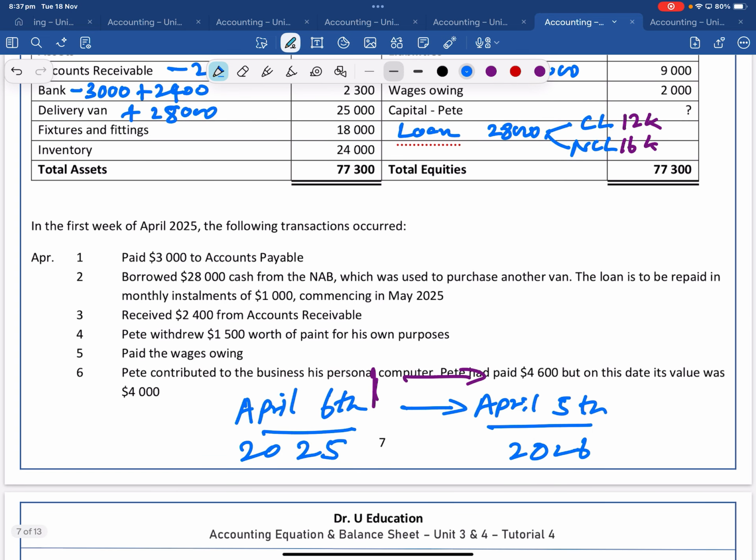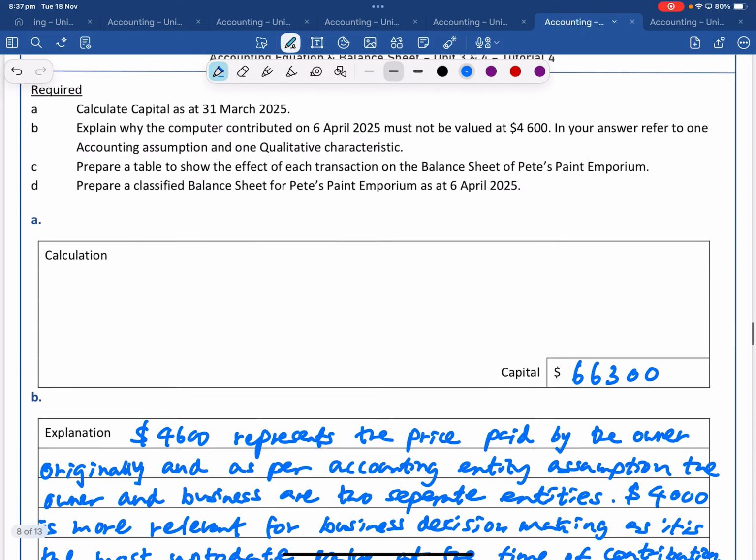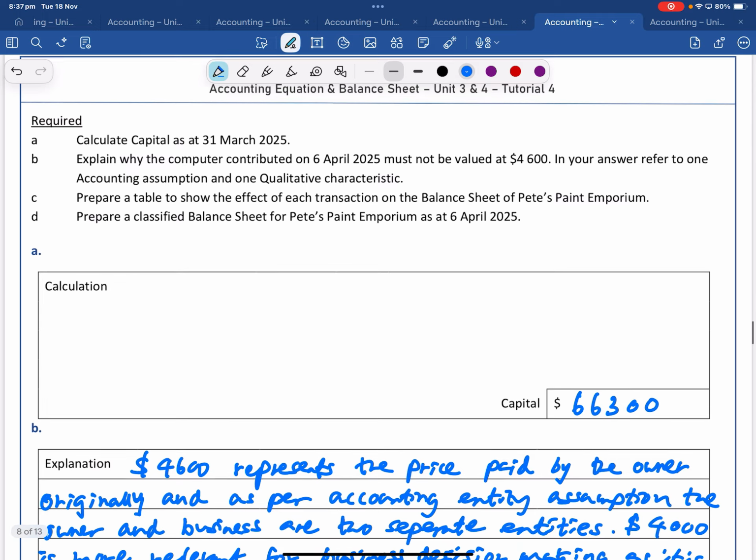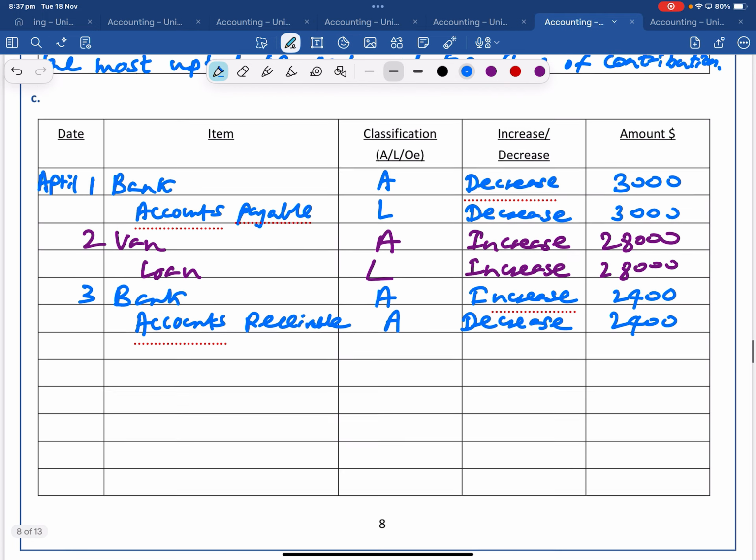Next one. Pete withdrew 1500 worth of paint for his own purposes. What happens? I'll record it here. First of all, inventory minus 1500 and then drawings plus 1500. Right, then I would do it here.